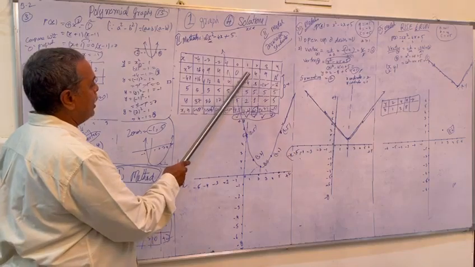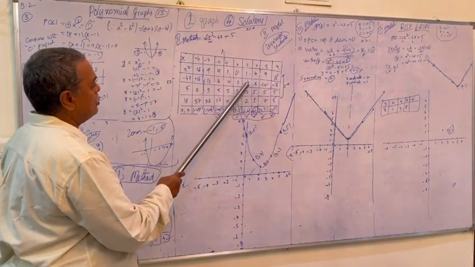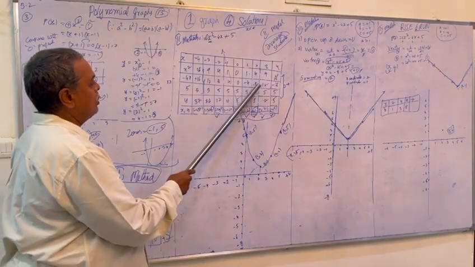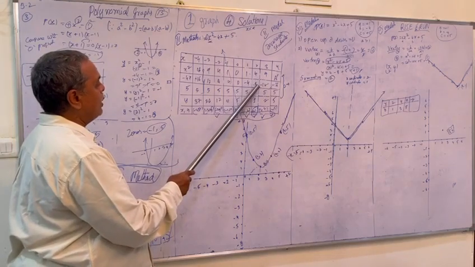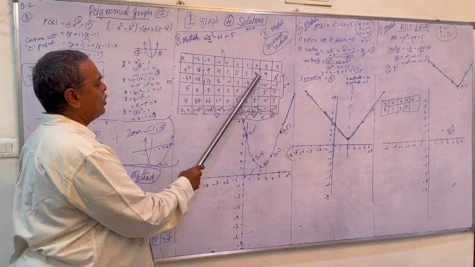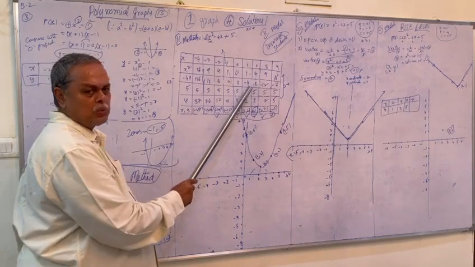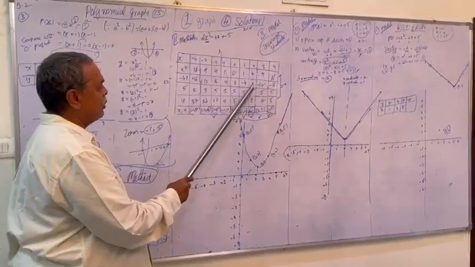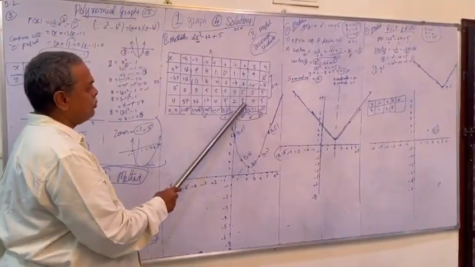Then 5 plus 1 is 6, minus 4 is 2. Then x square 4, minus 4x minus 8, and 5, 5 plus 4 is 9, 9 minus 8 is plus 1.